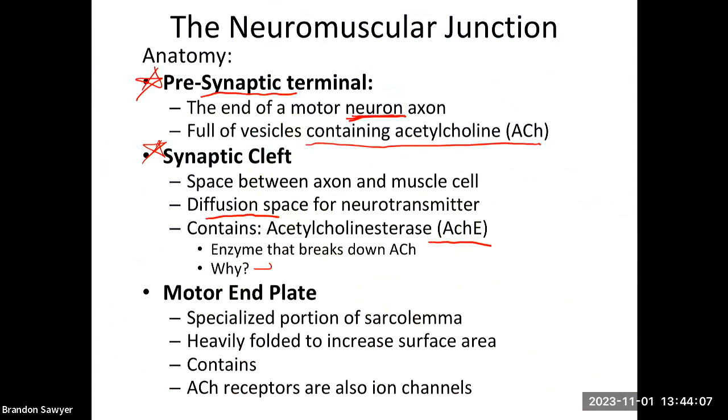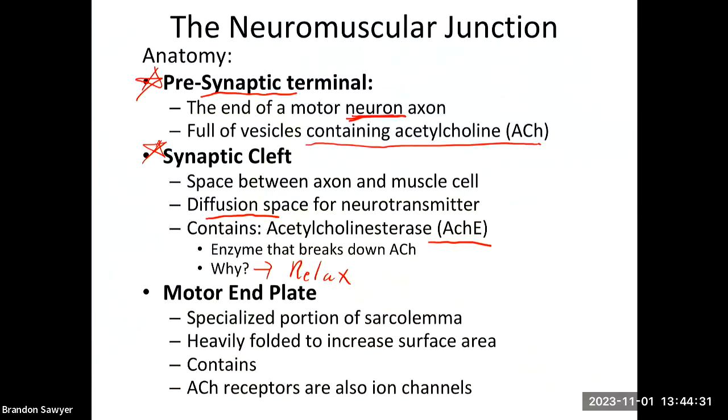The why of that is that it's going to help the muscle relax once the signal from the nervous system has stopped. If acetylcholine just stayed there all the time, then our muscle would just keep contracting. So it has a certain half-life, and that half-life is shortened by this enzyme helping to break it down.